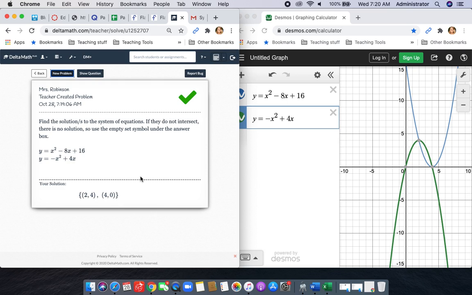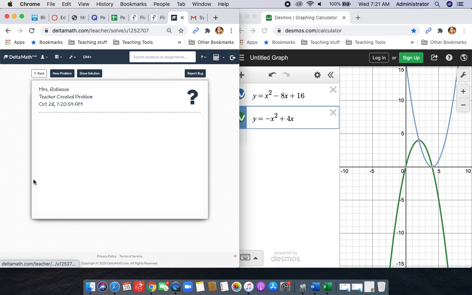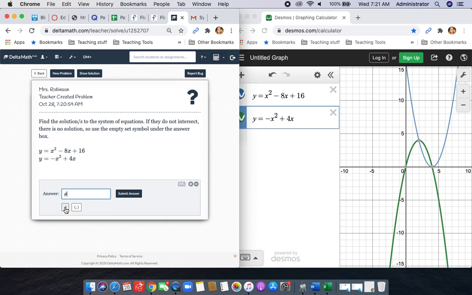And there we go. That's all there is to it, guys. And again, if they only intersect one time, only choose the one ordered pair. And then if they do not intersect at all, you will just choose this button here. Okay? And that's it. And submit your answer.